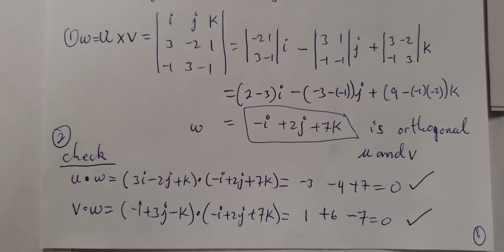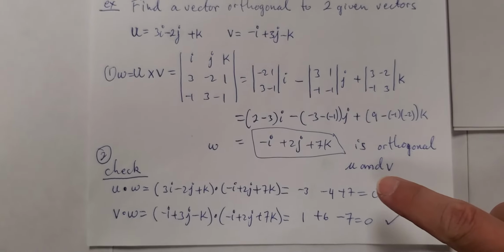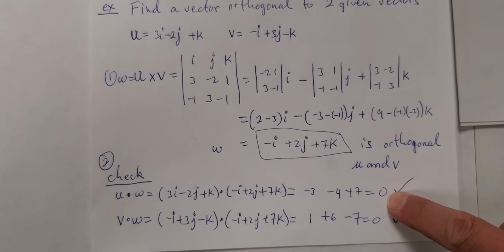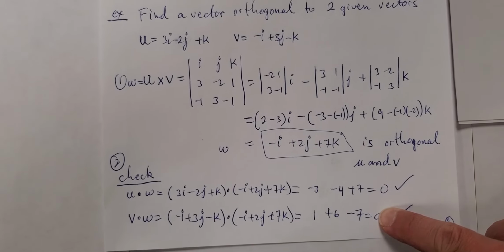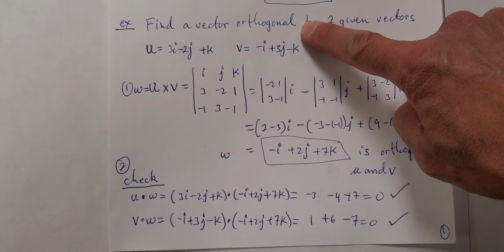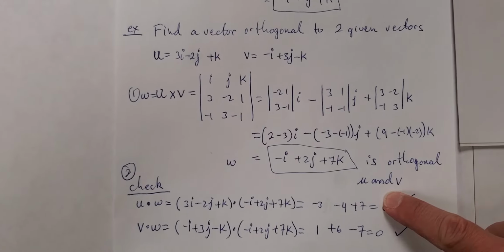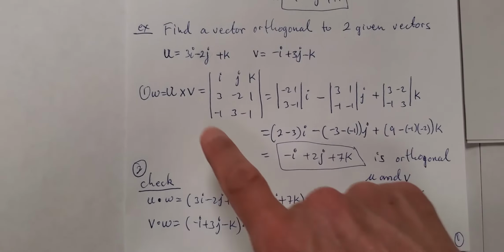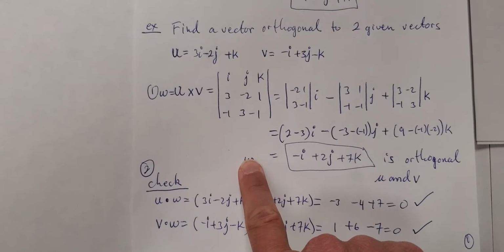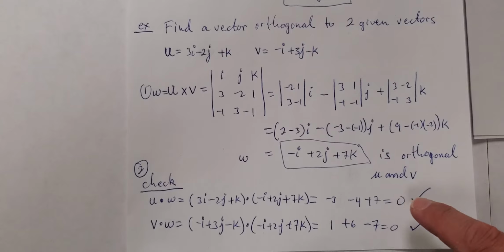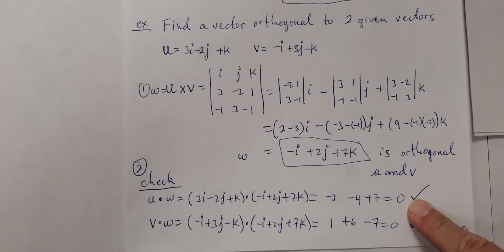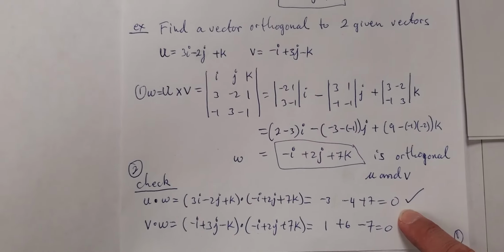So when you do the dot product, if it comes out 0 here and here, it is perpendicular or orthogonal. In this example, U is perpendicular to W, and V is also perpendicular to W. Again, how do I know it is orthogonal? When the dot product equals 0.